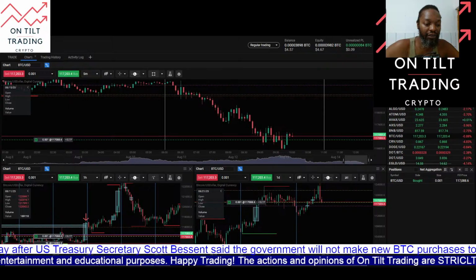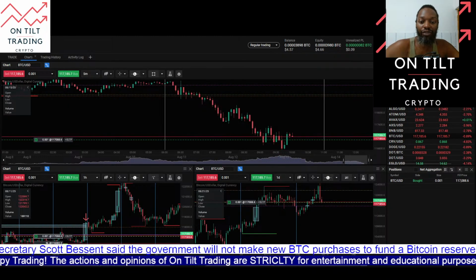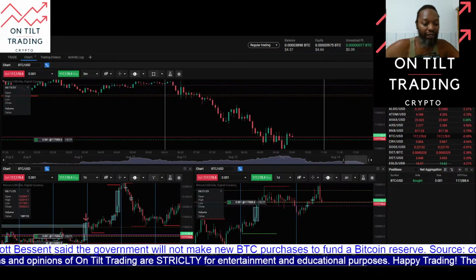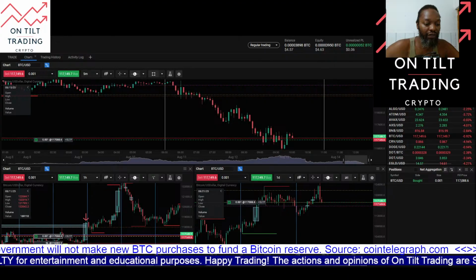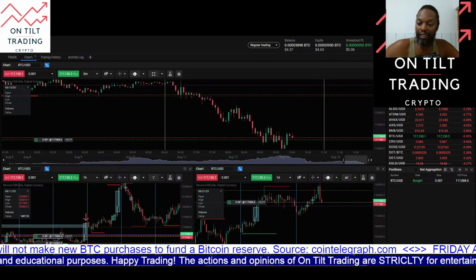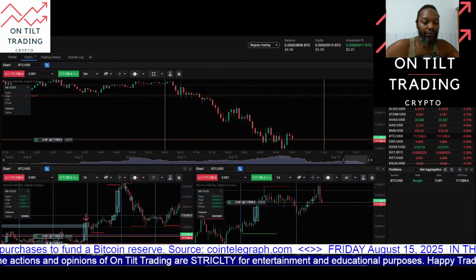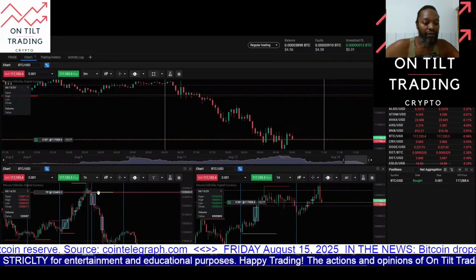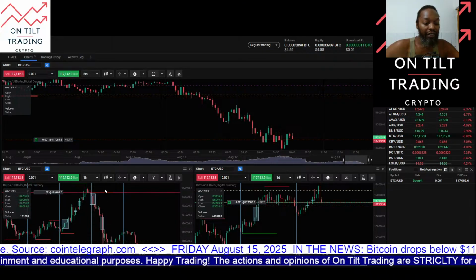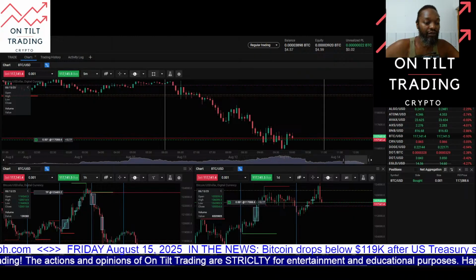And you can see price is still trading within that fair value gap. So I'm using that fair value gap and then the swing low of that fair value gap down here as my stop loss, and then my target is the session high from yesterday right here for a take profit.